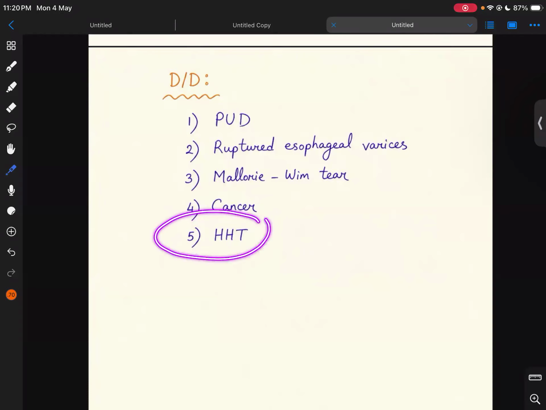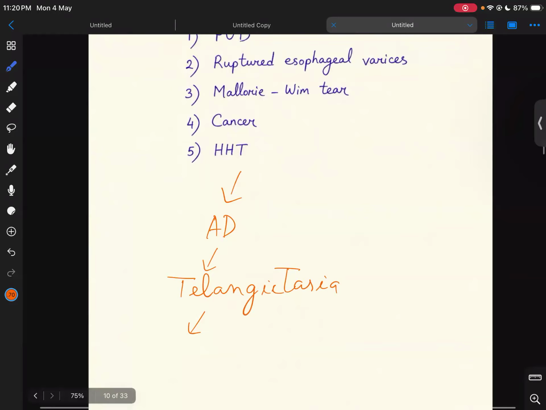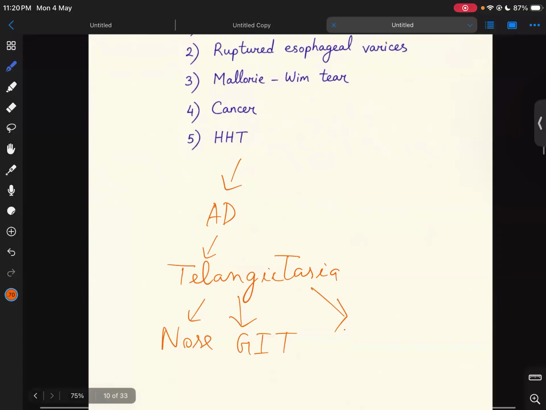In hereditary hemorrhagic telangiectasia, this is actually an autosomal dominant disease where the patient will have multiple telangiectasia at the mucosal lining. This is going to affect the nose, the GIT lining like the esophagus, the lips, and also the tongue.